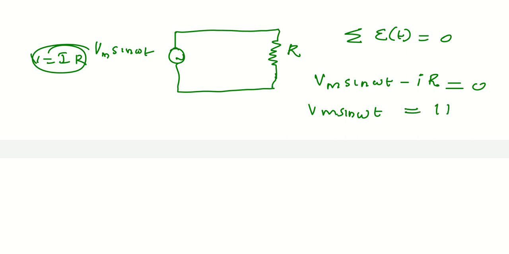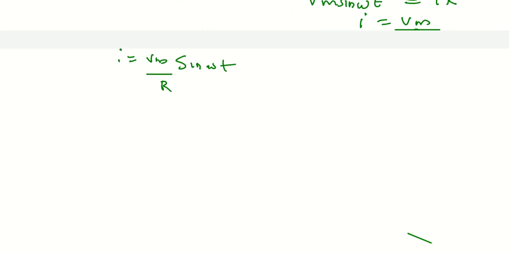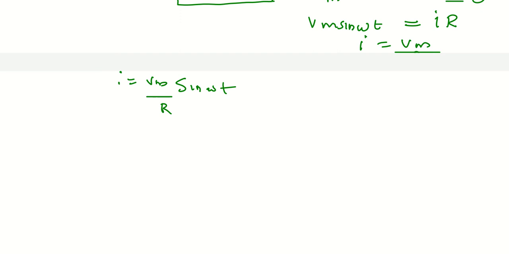is equal to IR, and I is equal to Vm divided by R sin omega t. You understood these things? So I is equal to Vm by R sin omega t. Vm is the peak value of voltage, R is the resistance.